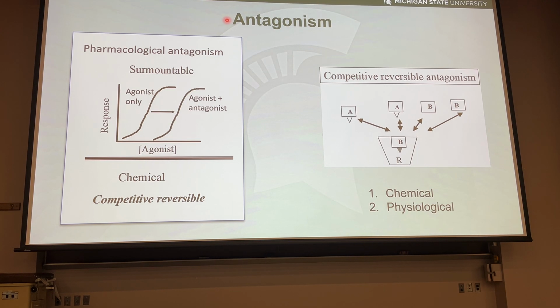However, the idea of antagonism can really be expanded to more situations. Pharmacological antagonism is talking about how multiple drugs can interact with a specific receptor system, more specifically, the interplay between agonists and antagonists. Because when you're in a lab, you can just study one of these at a time. But it's common to use both of them for different reasons, because they can help you interrogate how a receptor behaves.